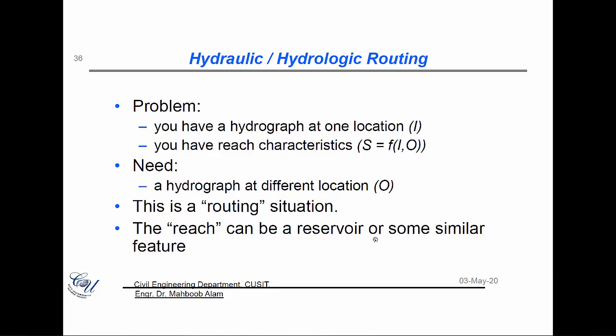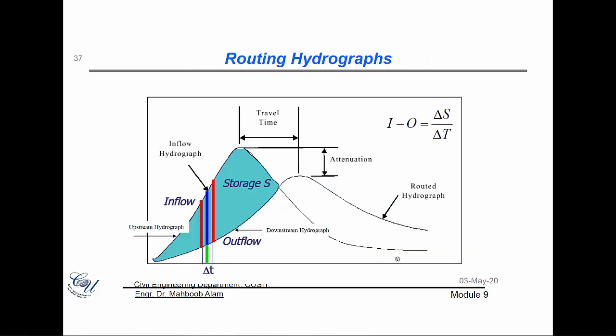And the reach can be a reservoir or a small river stream or something like this. So basically this is our inflow, and this is our outflow after a particular time, and this is what we would be trying to predict based on the information that we have been given in terms of inflow.